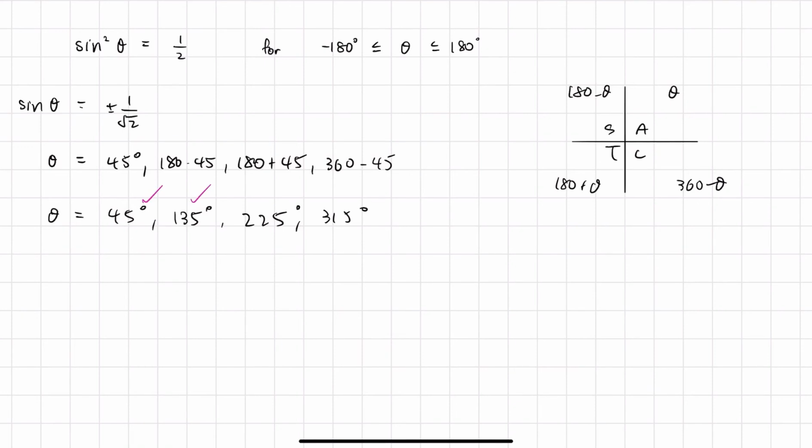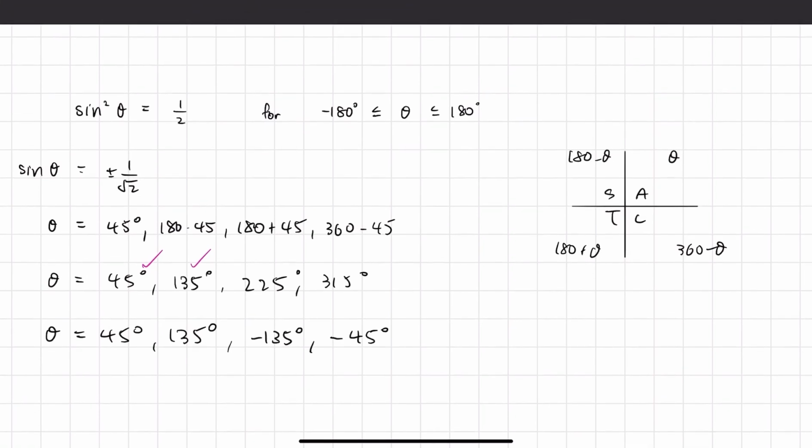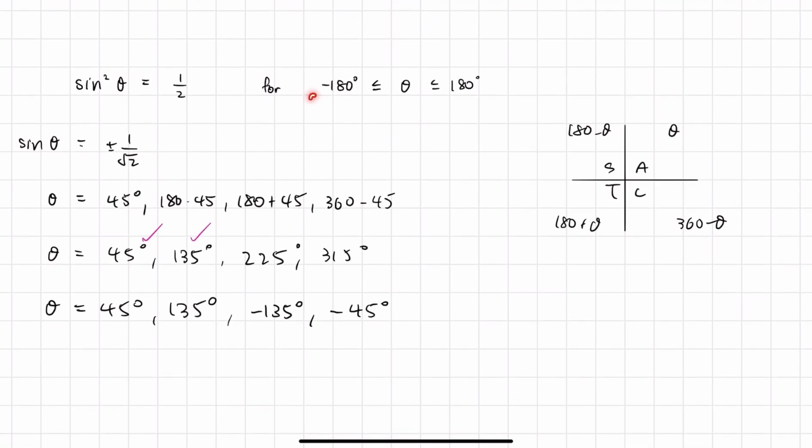So basically theta is equal to 45 degrees, 135 degrees, and 225. If you go 225 and you subtract 360 degrees, we actually get negative 135, and for this one we get negative 45 degrees. And these are the 4 answers that are necessary, and it's the correct one for this domain.